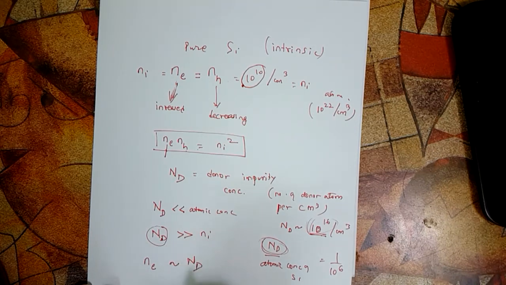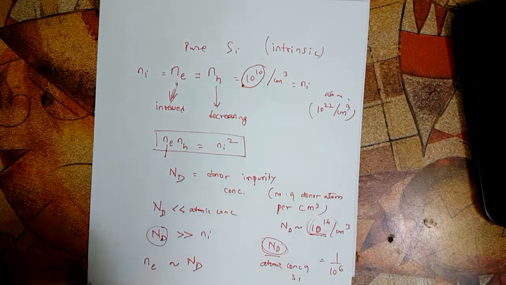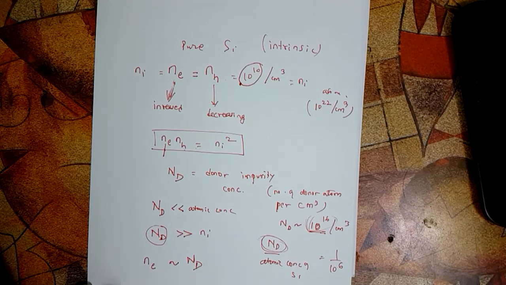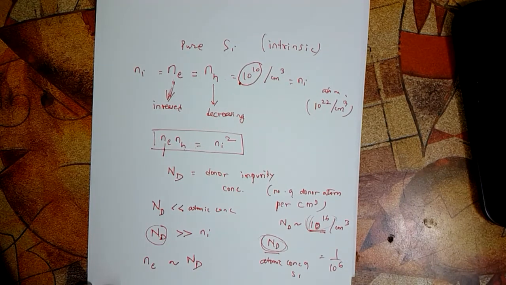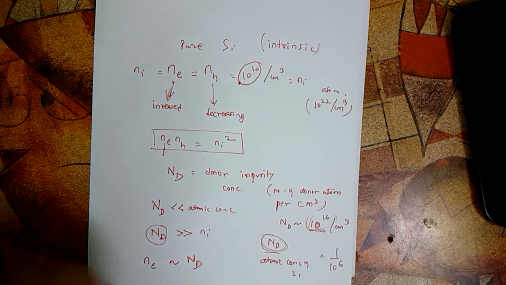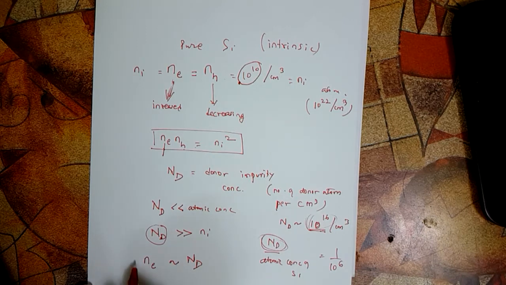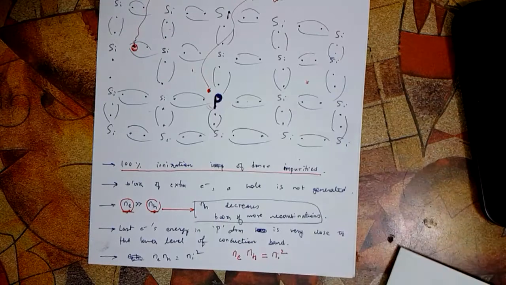Nd. But wait, we said that some of those electrons have now combined with the holes, and so the number of electrons should be less now. So how much exactly?